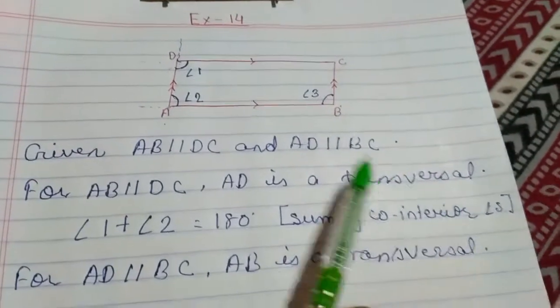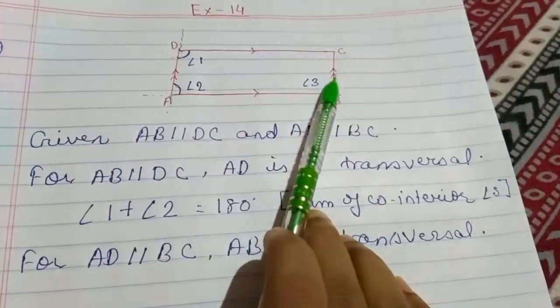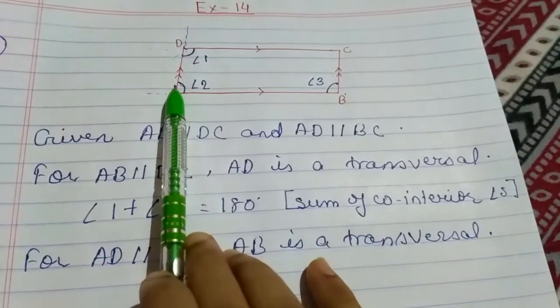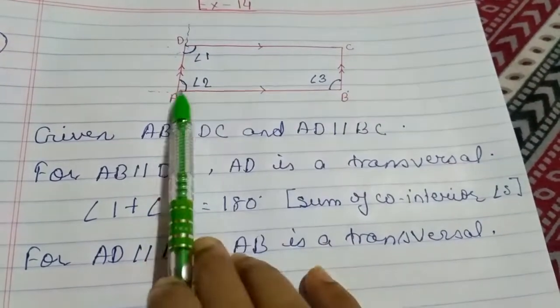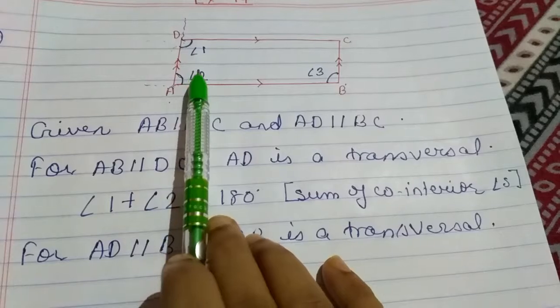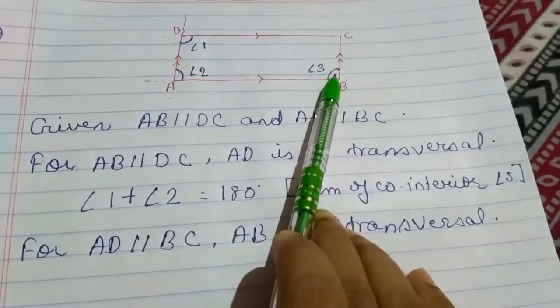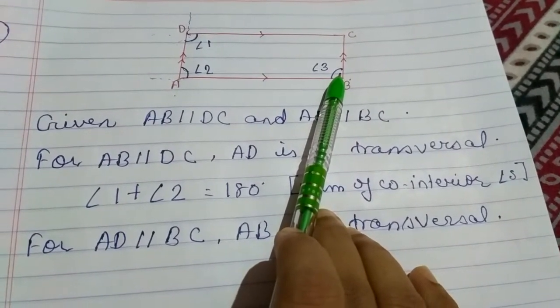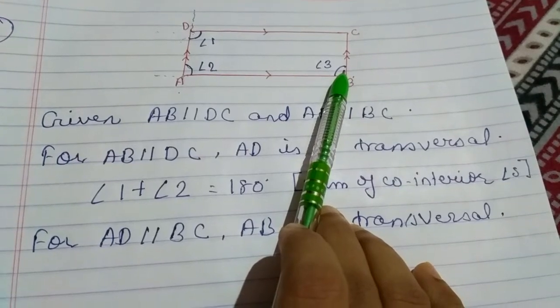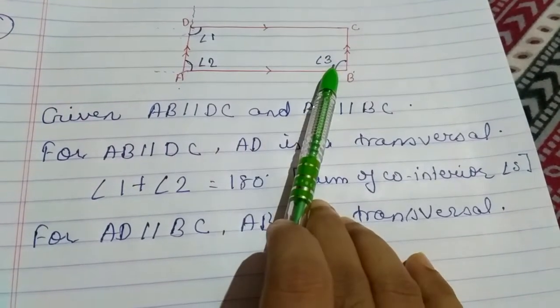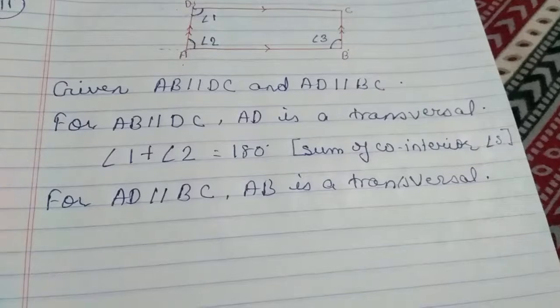Just check it here. If these two lines are parallel and this one is a transversal, it means angle 2 and angle 3 are co-interior angles, consecutive interior angles. Then also their sum will be 180 degrees. So just write it down.